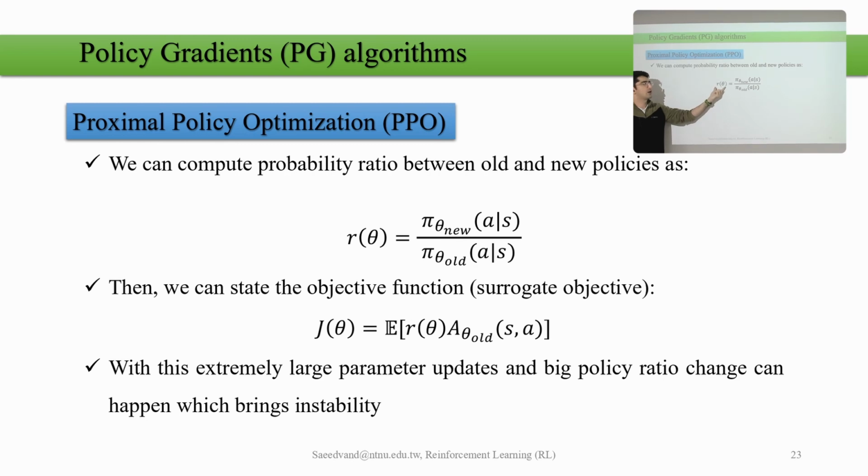Simply, we can say the ratio of the parameter theta, the update of the weights of theta. This is not reward, this is ratio. That is the new parameter values for the policy that I have, and the old one. If I can calculate the ratio based on that, then we can write the objective function.